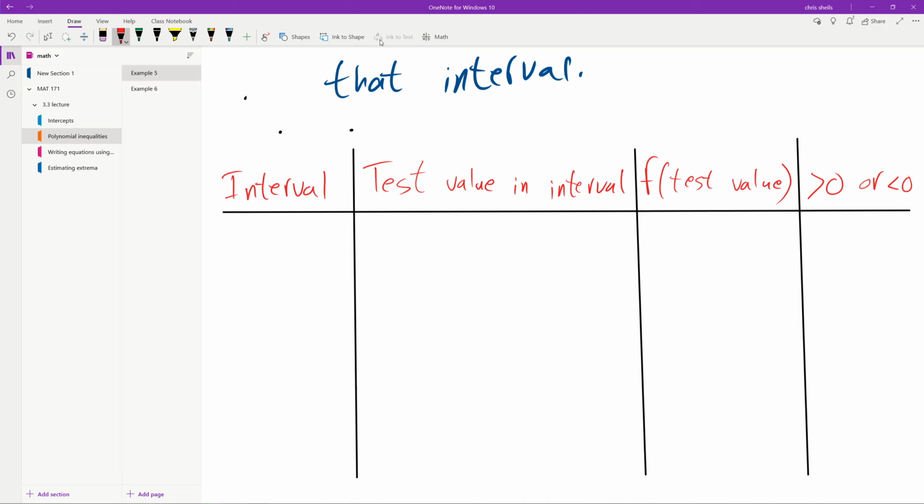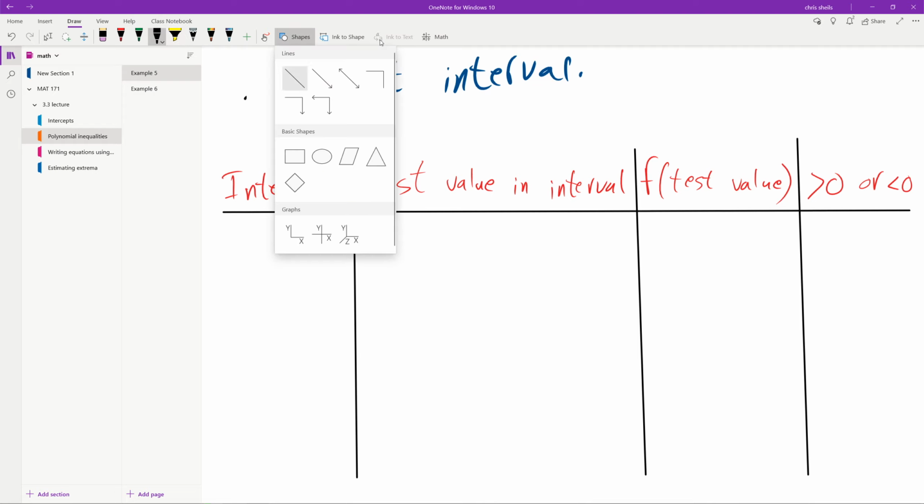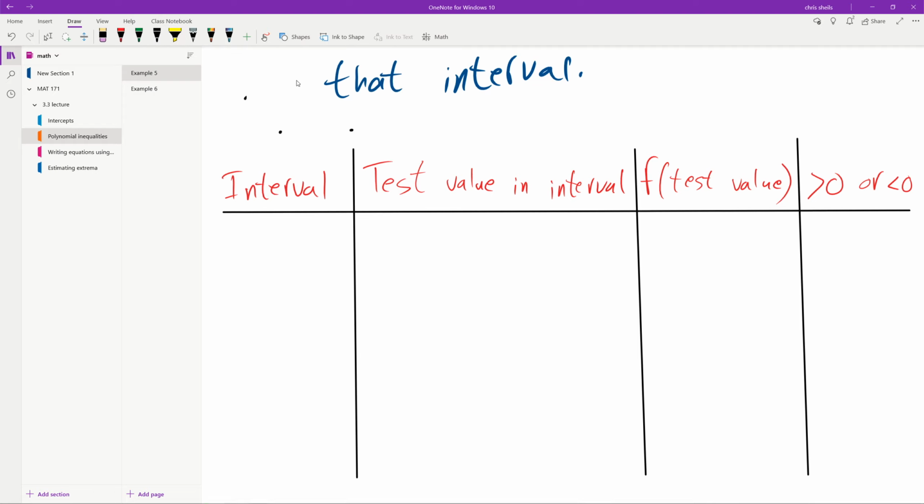Whatever sign I get whenever I plug these test values into this function is going to be the sign of everything in that interval. So I'm going to have 4 intervals.